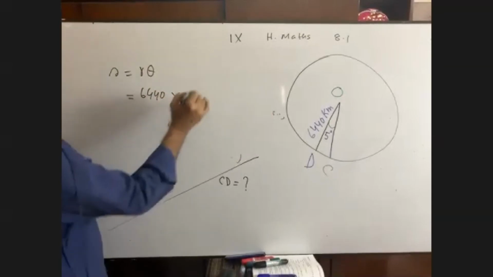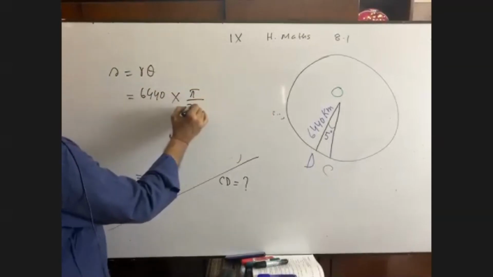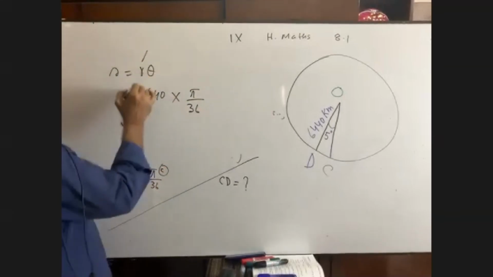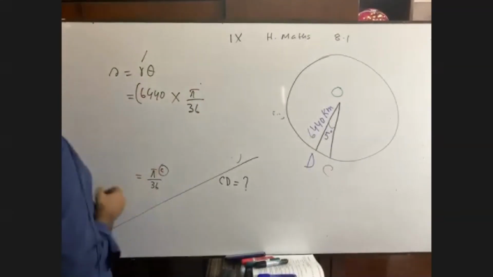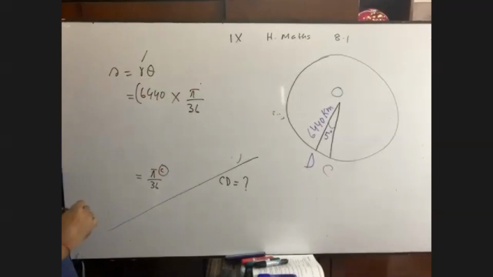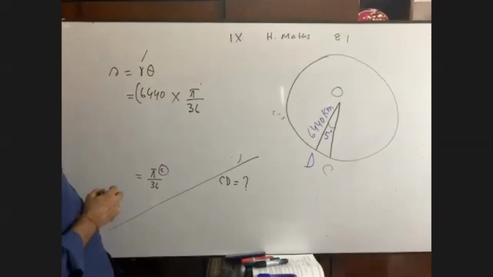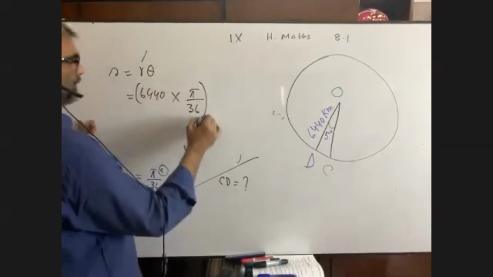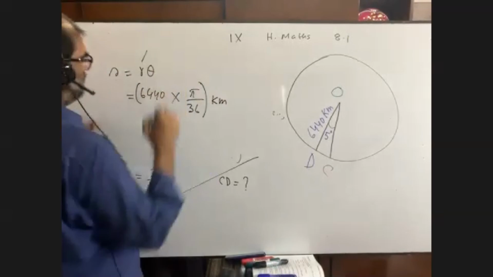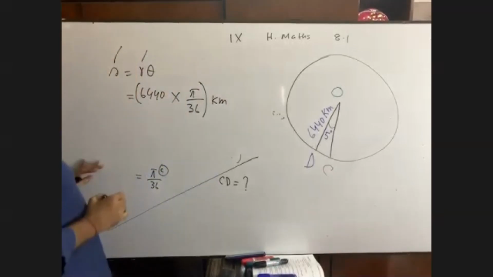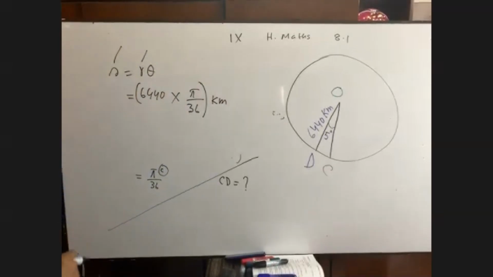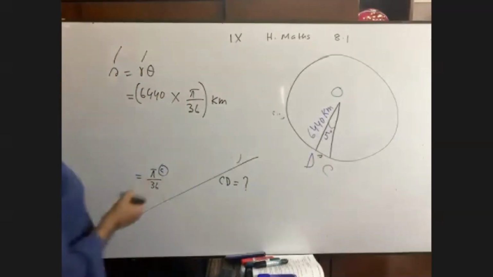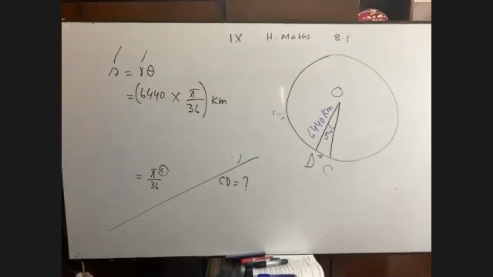What is theta? Pi by 36. It is radian, but the answer is in kilometer. S is the distance here, the arc. That means this is the distance between them, S equals DC or CD.